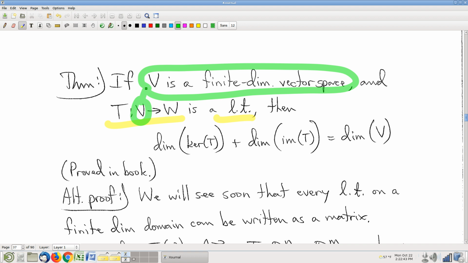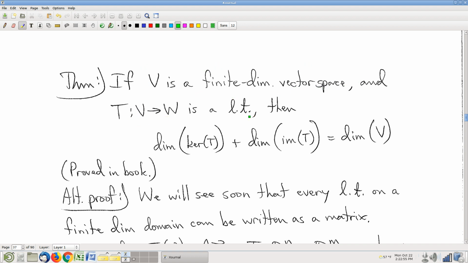C1, for example, is not finite dimensional. Okay. Linear transformation on a finite dimensional vector space, then there is a strong relationship between dimensions. The dimension of the kernel, the dimension of the image, the dimension of the domain, which, again, we know is finite, right? Those add up like this.